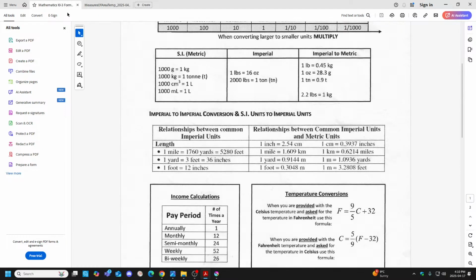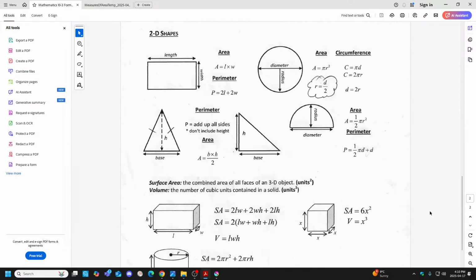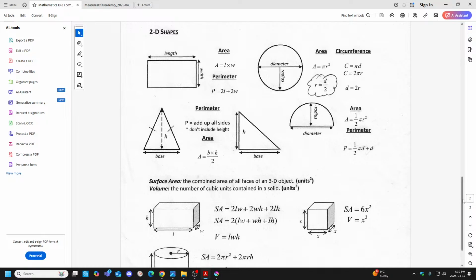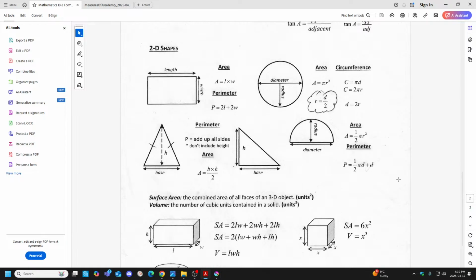Right. Area of a circle. We've done enough problems, we should be able to do this. No problem. Area of a circle, right there. Okay? And there's the formula for R. This is really easy mathematics, guys, that we're doing. Okay? It truly is. And then they've got here for a semicircle or half a circle. It's really the same thing.